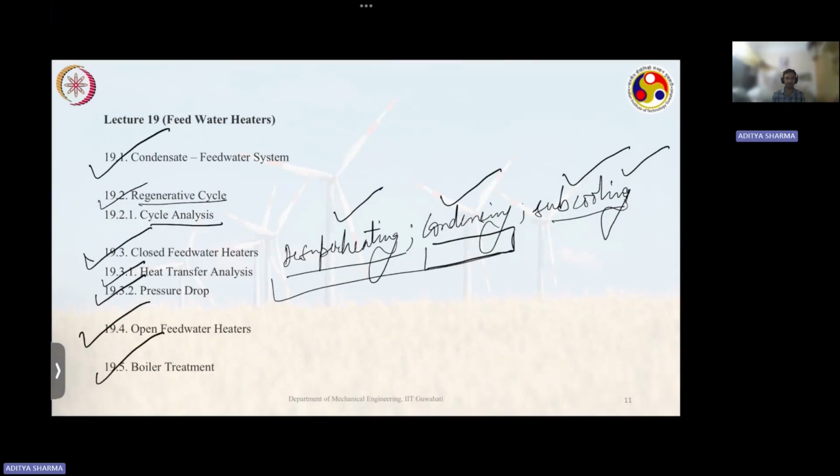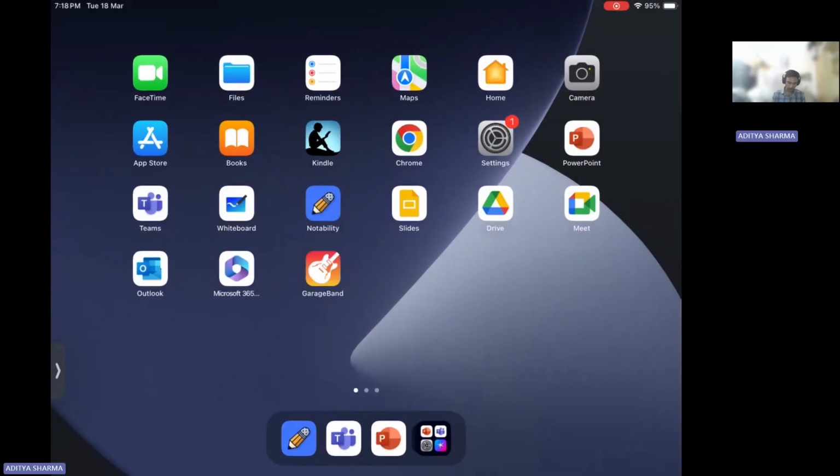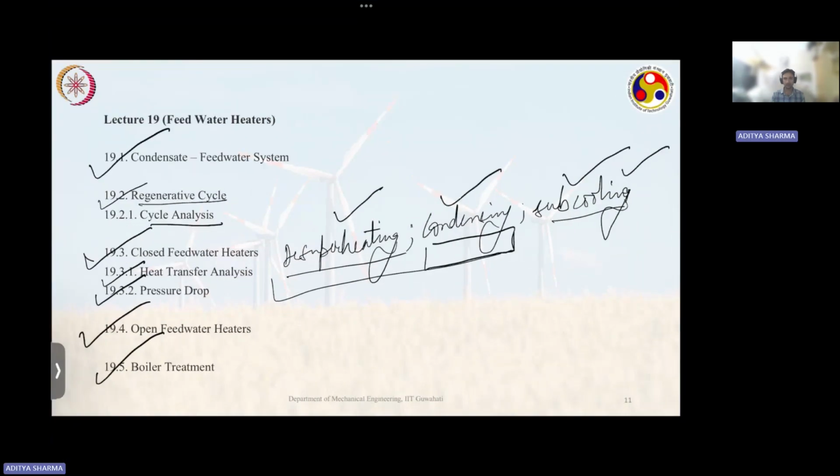Then treatment. In boiler treatment, if we want makeup water, let's say we have lost some water that is needed for your boiler in your whole circulation, and we need to make up for that water.